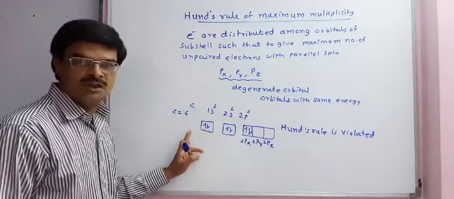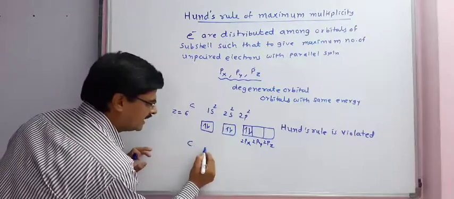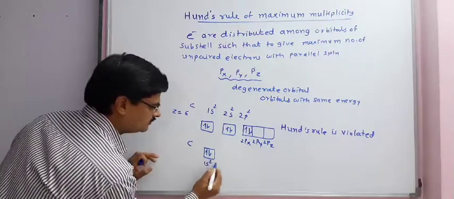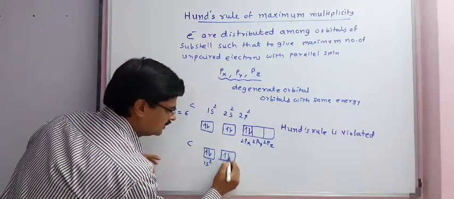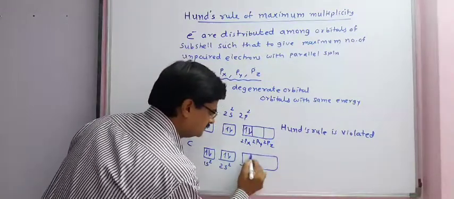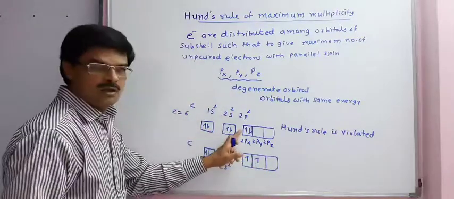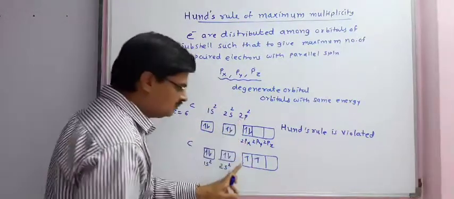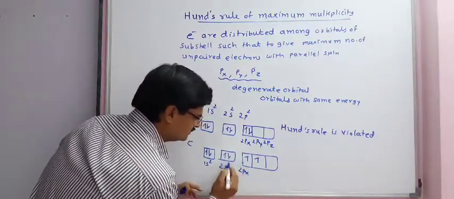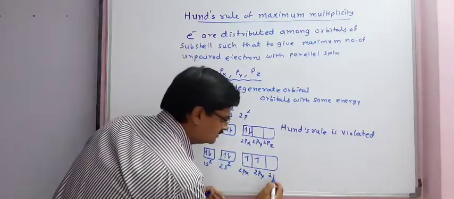So according to Hund's rule, the proper electronic configuration of carbon we can write as 1s2, then 2s2, and then not 2 electrons in 2px orbital, but 1 electron will remain in 2px orbital and other electron will remain in 2py orbital.